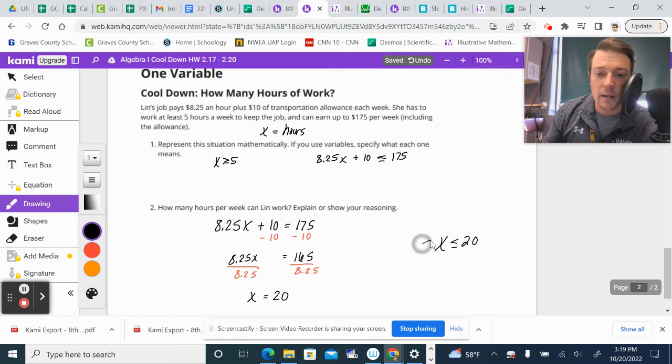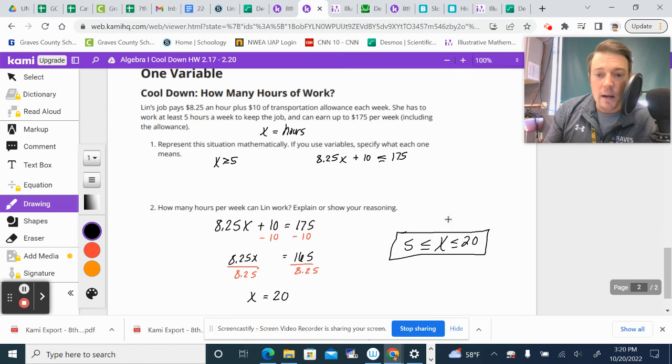So I'm going to write this expression right here to show that Lynn can work anywhere between 5 and 20 hours. And it's okay if she works 5, and it's okay if she works 20, or anywhere in between: 6, 7, 8, 9, 10 and a half, 11 and a quarter, whatever. Anywhere between there, she's going to stay under 175, and she's also going to keep over the 5 that is restricted by her workplace to keep her job.